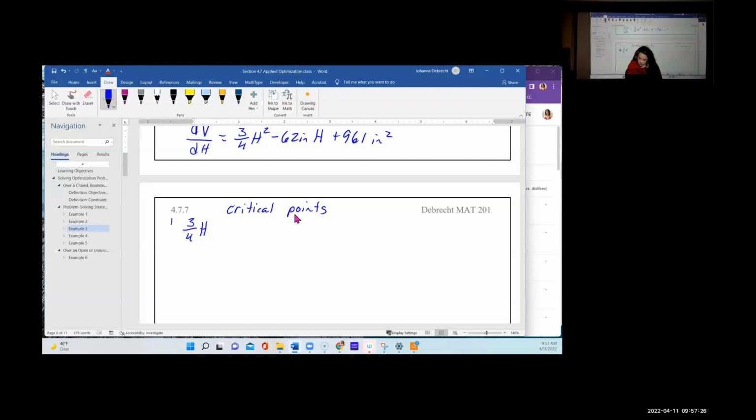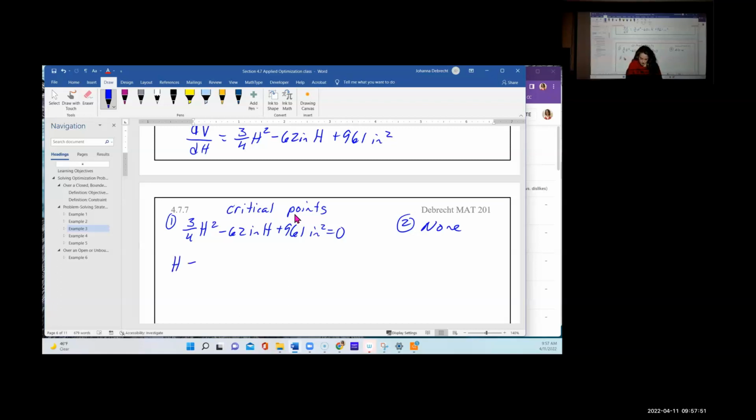My type 1s, set that equal to 0. And my type 2s, there are none because it's a polynomial, and if it's a polynomial, it exists everywhere. So there are none of that type.